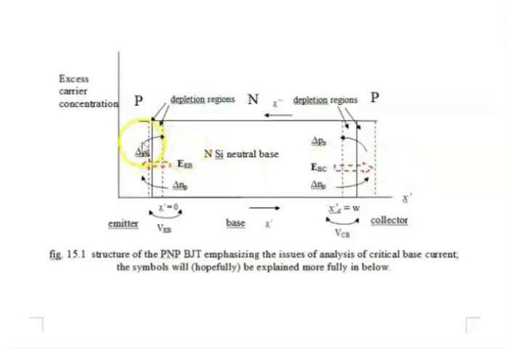The primary injection, in this case of a PNP, is from the emitter: holes, which are emitted from the emitter into the base, and then we have electrons, which are injected from the N-type base into the emitter. Excuse me.